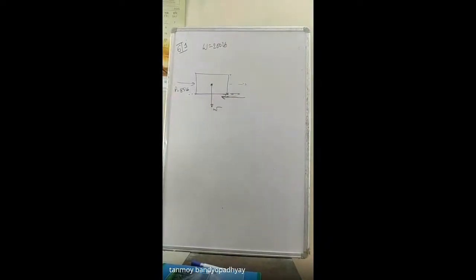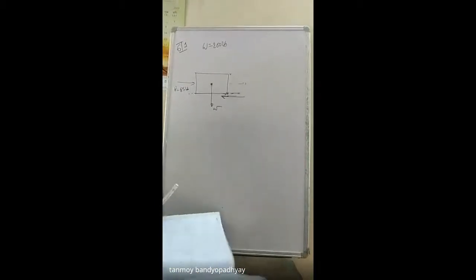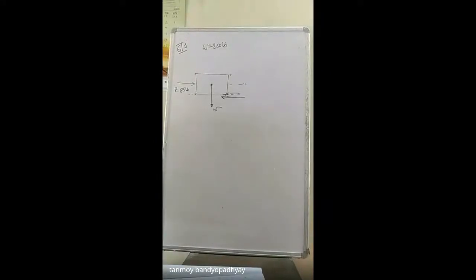So in this case we are supposed to find out the frictional force acting on the body. I hope this sort of problems are a bit easier. This is the weight of the body, which is given to be 200 pounds.